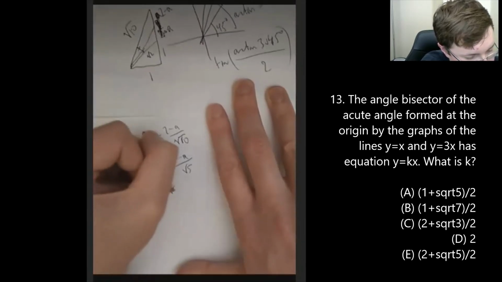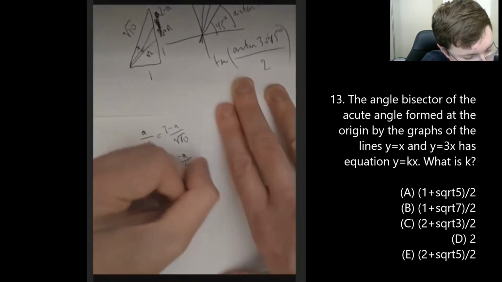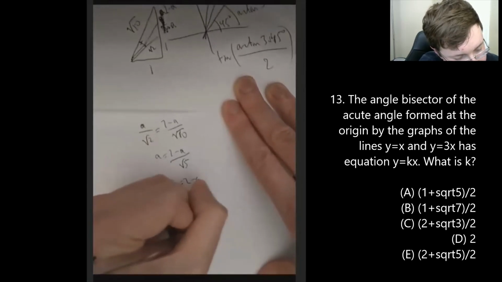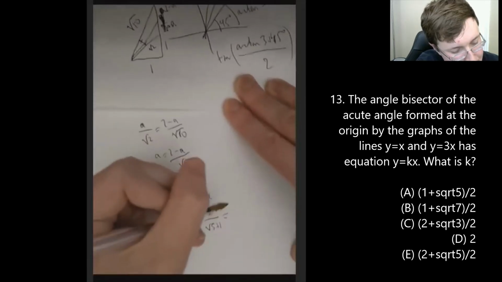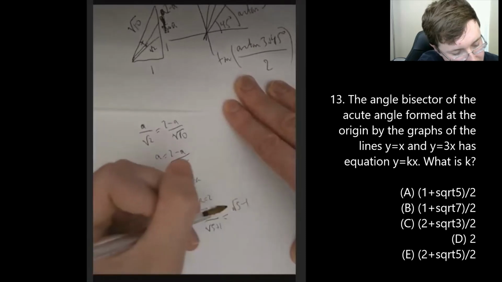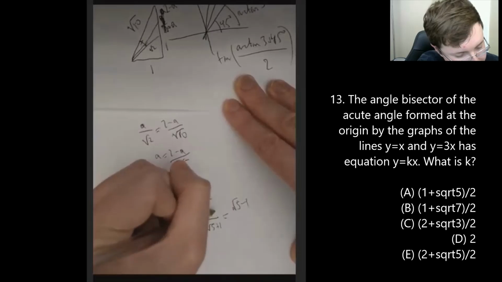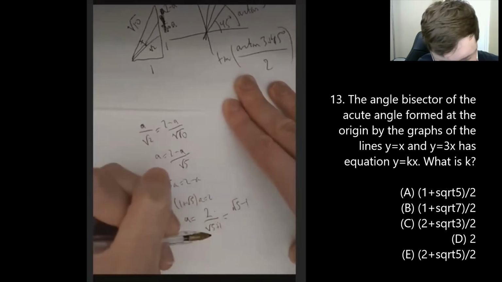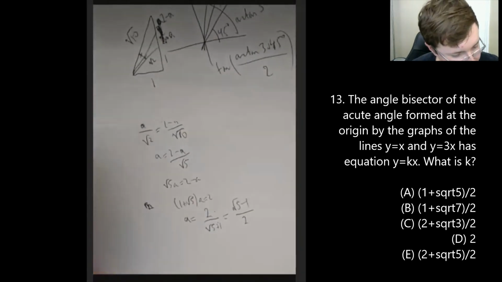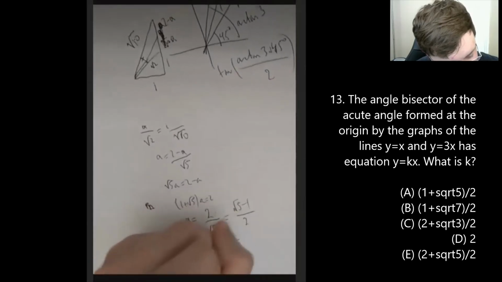So root 5A equals 2 minus A. So 1 plus root 5A equals 2. So A equals 2 over root 5 plus 1, which is times root 5 minus 1 over 2. And then I really want 1 plus A, so 1 plus A is root 5 plus 1 over 2. Of course it's the golden ratio.